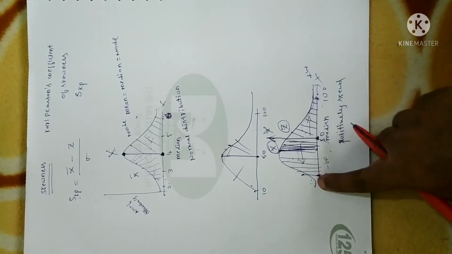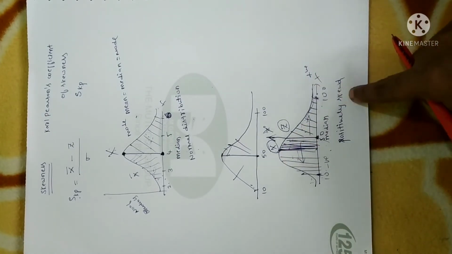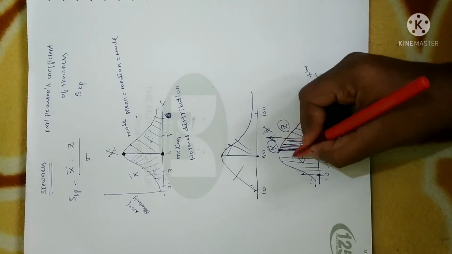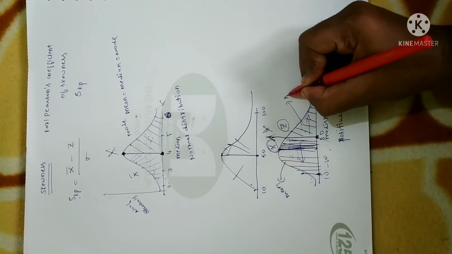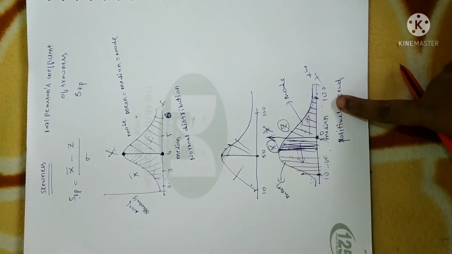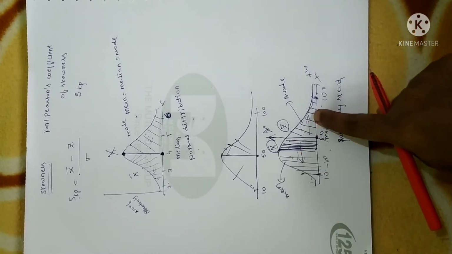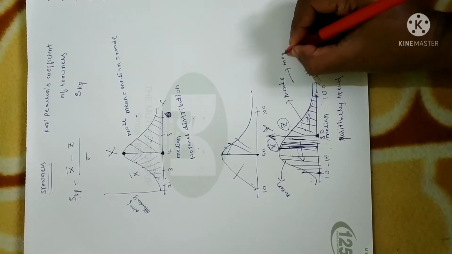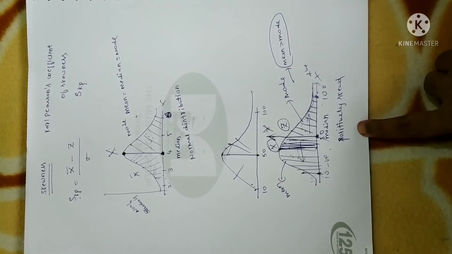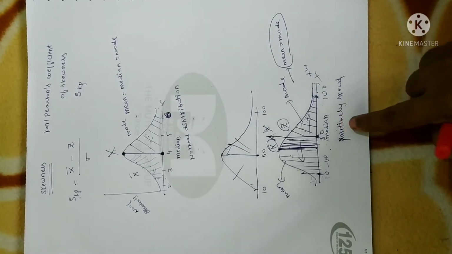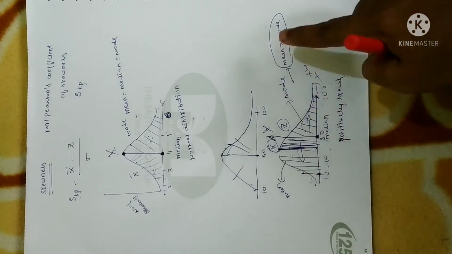When we have positive, as I already told you, this is positively skewed. You can clearly see that this region represents mean. Fine. This region represents mode. So you can clearly note that in this case, mean is greater than mode, right? Remember, for positively skewed data, mean is always greater than mode.